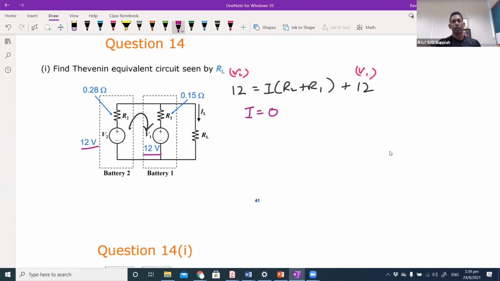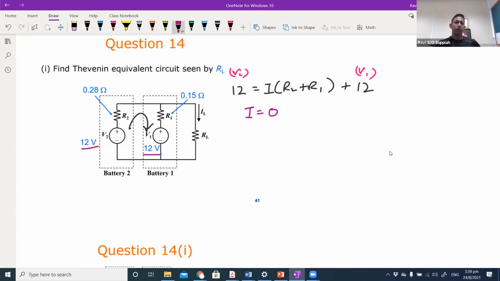Of course, the lesser leakage we have, the lesser the voltage would be depleted. In this case, we both have a perfect 12 volts, so the leakage current will be 0. If the leakage current is 0, there is no voltage drop across both R2 or R1.